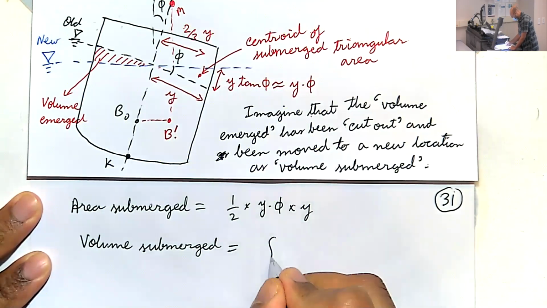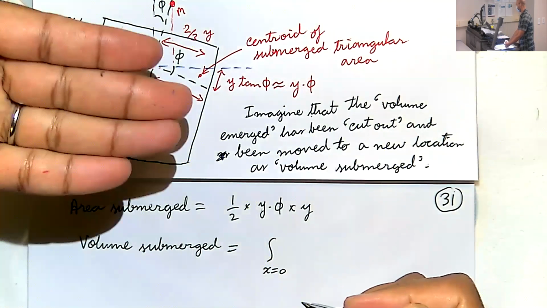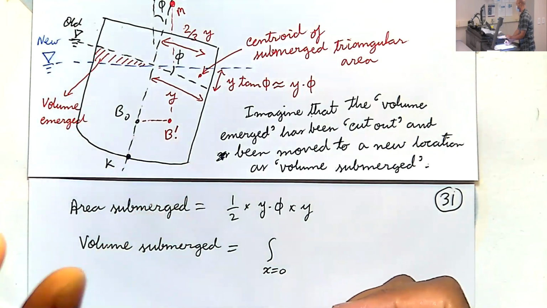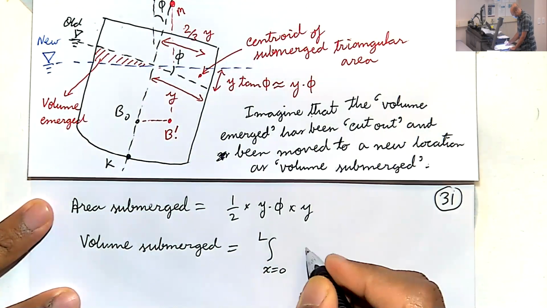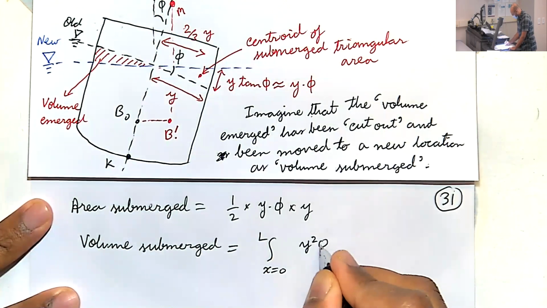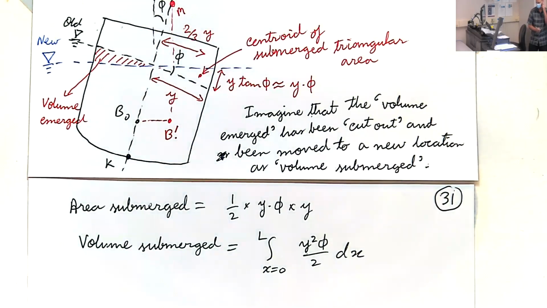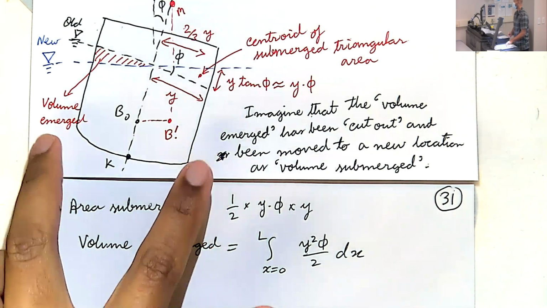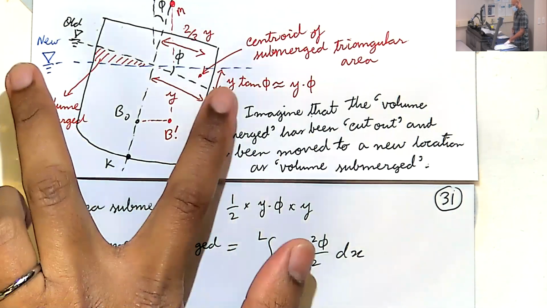Look, the sketch we have drawn is looking at one particular station of the ship. Imagine the hull coming out of the plane and into the plane. So the integral of x going from 0 to whatever the length is, of y squared phi over 2 dx. This could be representative of what the midship plane looks like, but we have just taken it to be very general.